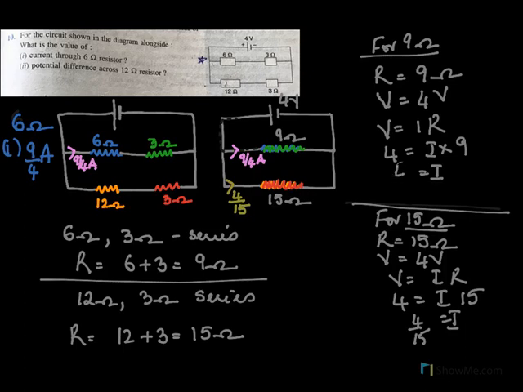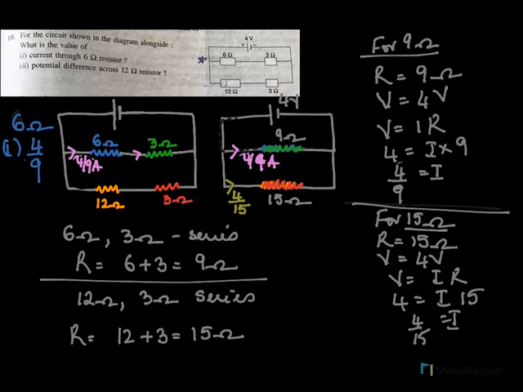It should be 4 by 9. Let me change it all over. Here also it will be 4 by 9 amperes. So the current passing through both 6 ohms and 3 ohms is 4 by 9 amperes.